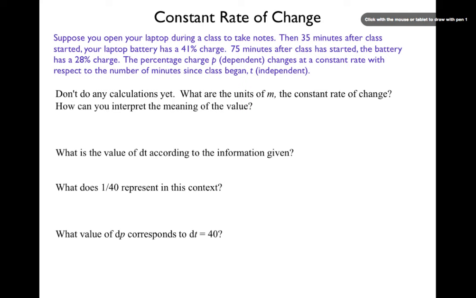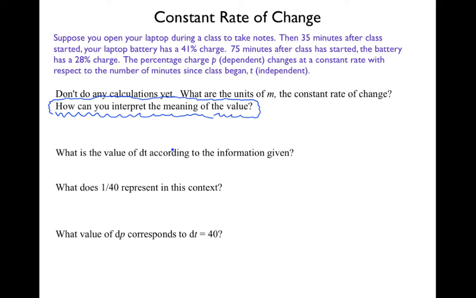This question right here. The answer to that question is the most important takeaway from today's class.